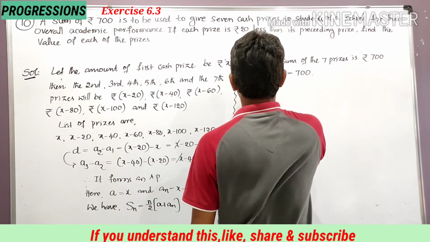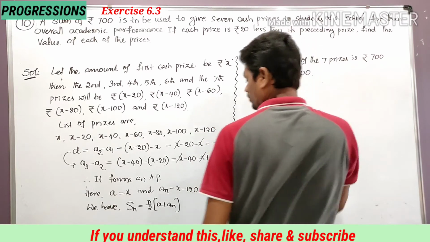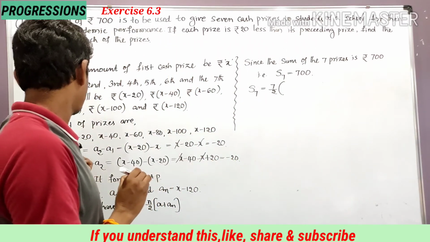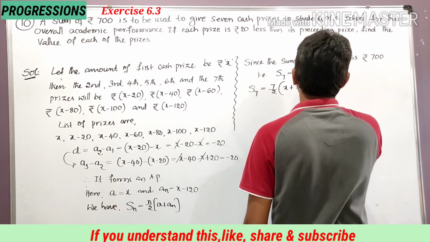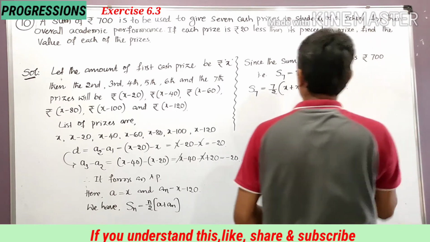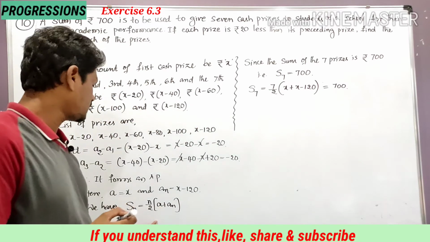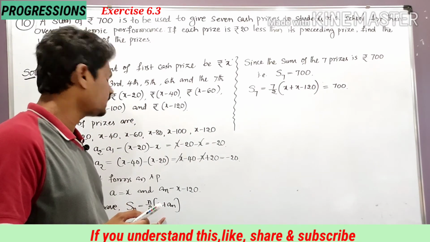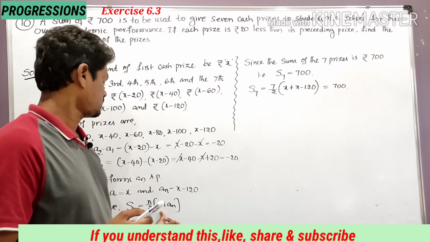So S7 is equal to n by 2, that is 7 by 2 into A plus An. A is equal to x, An is equal to x minus 120, and it is equal to 700, which is given. We have to use the second formula, since we know the first and the last terms.